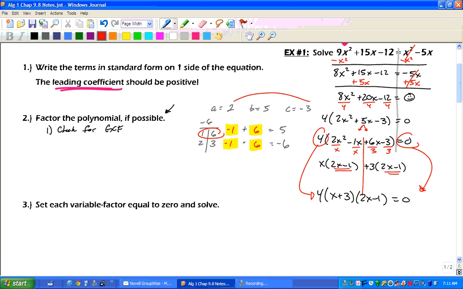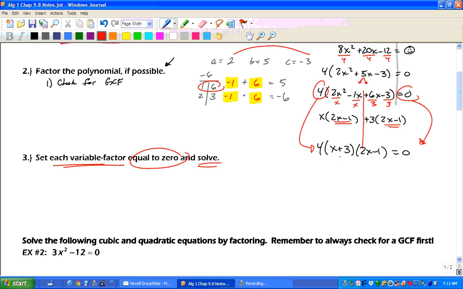Now, here's the thing. We're going to set each variable factor equal to 0 to solve. That has a variable, and that has a variable. Does the 4 have a variable attached to it? No. And now all you got to do is solve the equation.